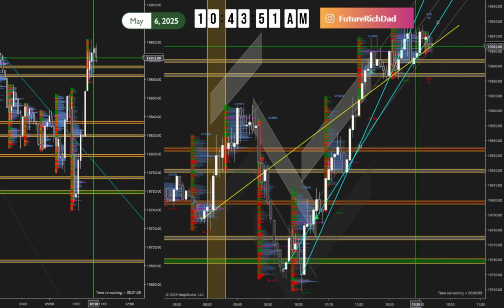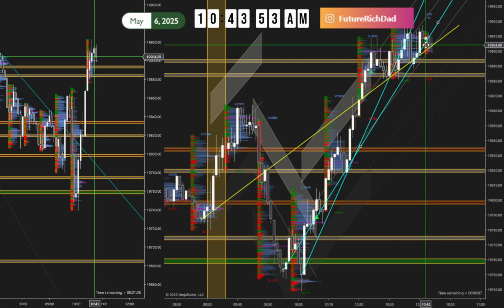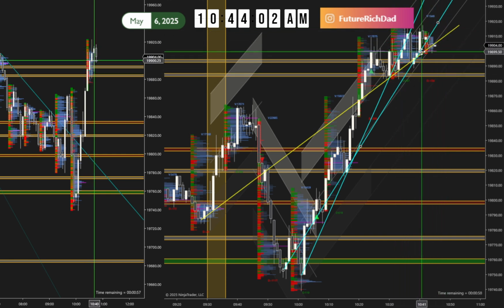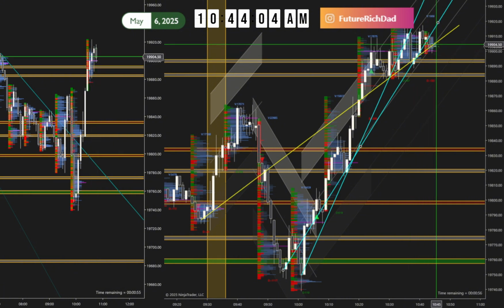So there are a lot of orders accumulating here to keep us above this projection, and I guess we'll see if we go up. It is a black candle, so it'll probably go down.